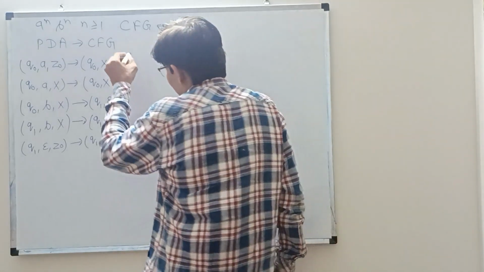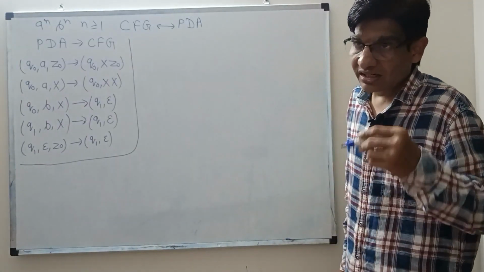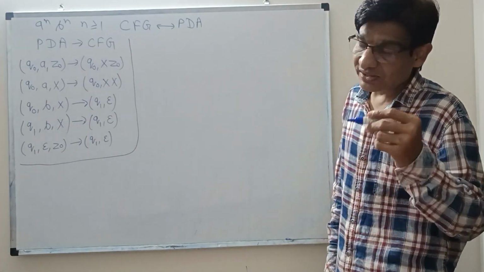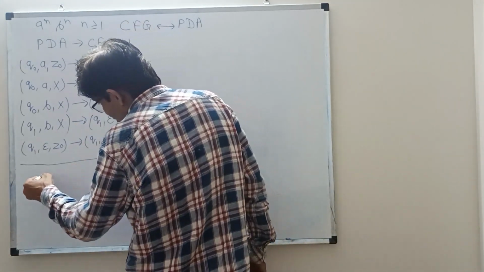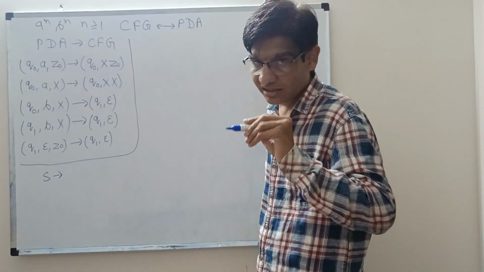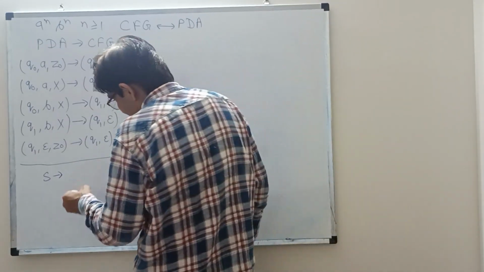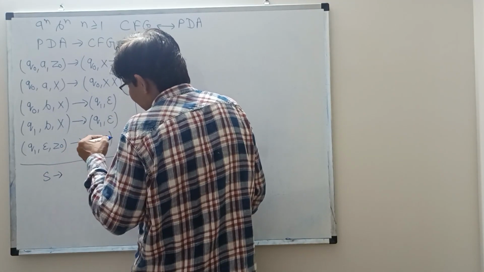First of all, in any CFG, you will have one start variable, and there will definitely be some productions of the start variable. Here, only the start variable of this grammar is represented as a single alphabet, S, and all the productions of S you can create like this.